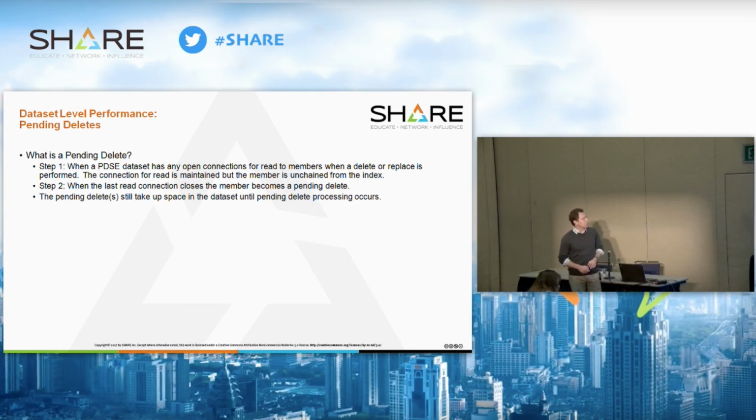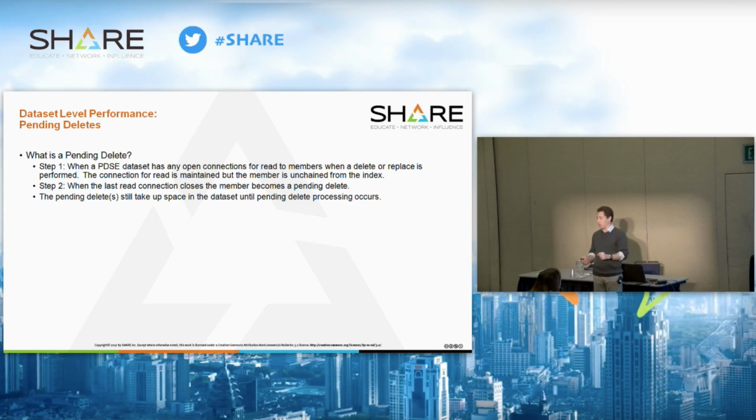So you've heard pending deletes 2 or 3 times so far. What is it? I promised I'd explain it. Well, a pending delete is when we have a PDSE data set where somebody has an open connection to a member for read, and then another connection comes in and, for instance, deletes or replaces that member that's already open for read.